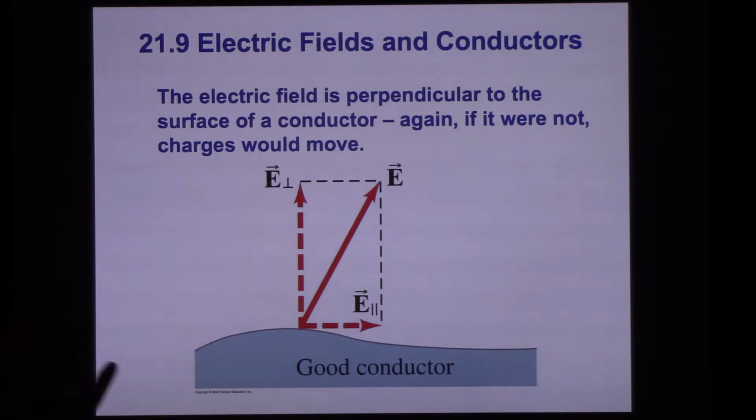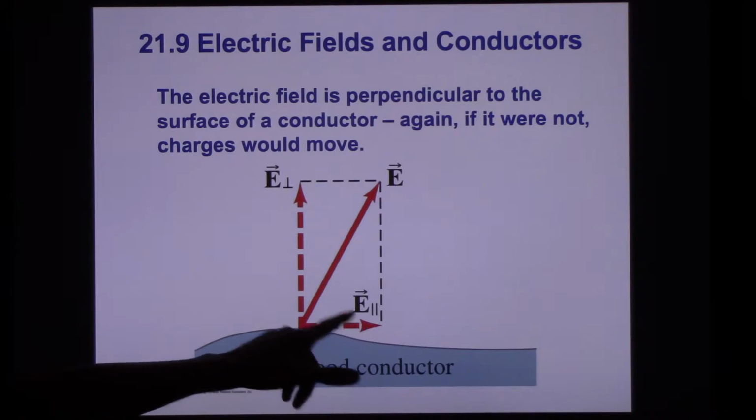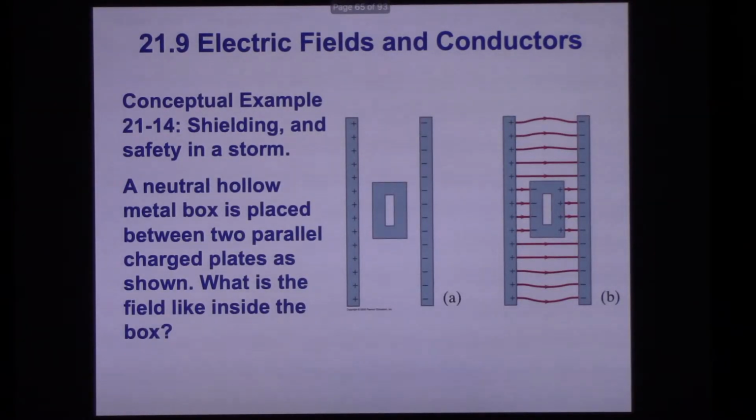So again, the electrons or whatever charges are along the surface, those are going to keep moving until the lateral E fields cancel out, and all we're left with is this perpendicular E field directed away from the surface. So for a conductor, the E fields have got to be directed perpendicular to the surface. We can't have any components of the E field along the surface.